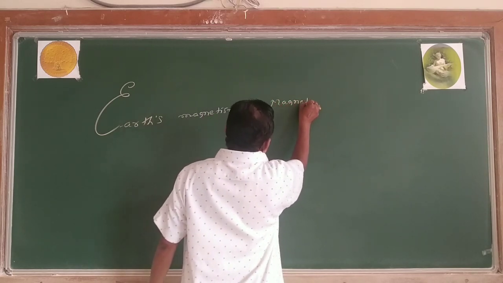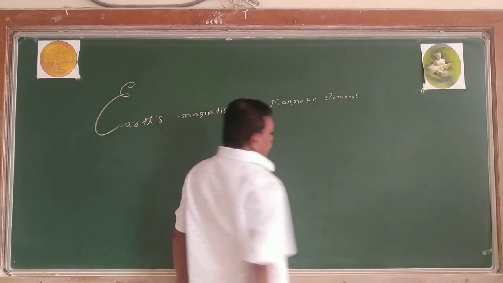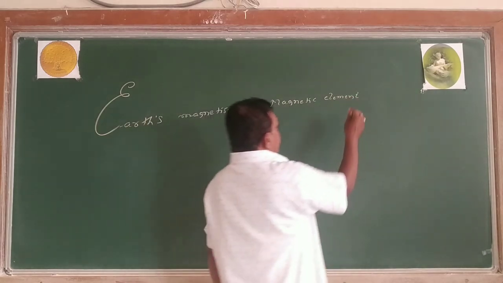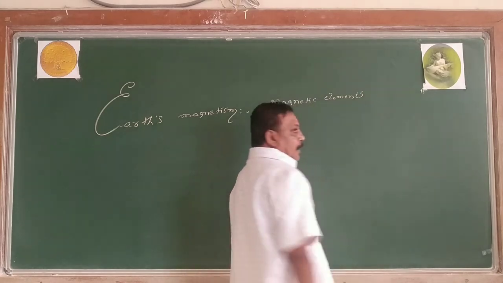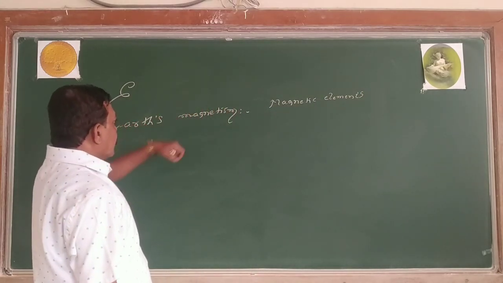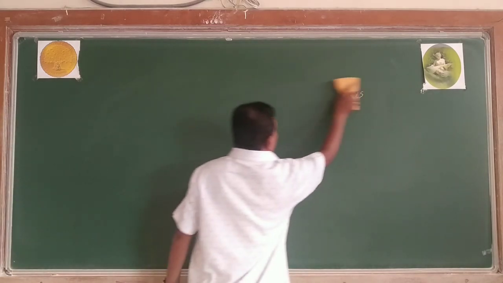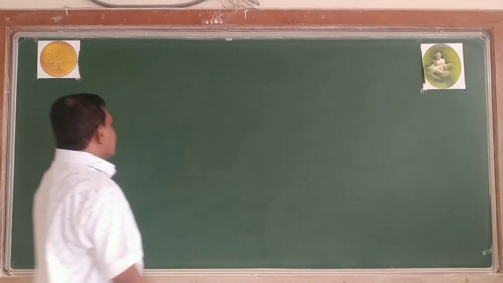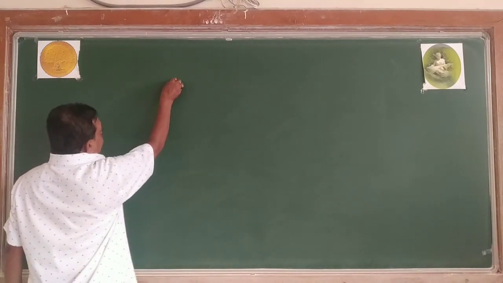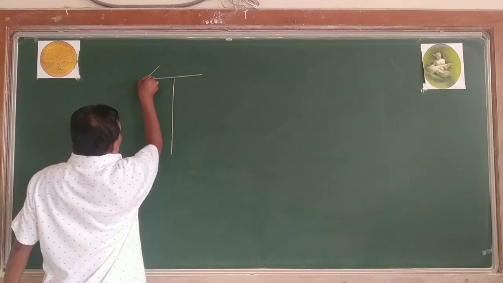Magnetic elements are those which determine the Earth's magnetic field at any place. So for these magnetic elements, I come across the suspension of the bar magnet. When the bar magnet is suspended, it always points towards north and south.